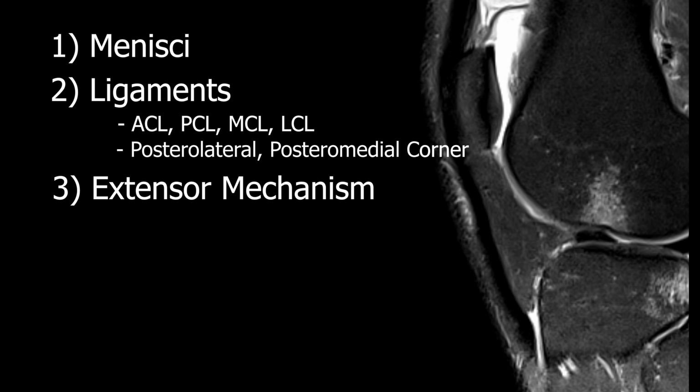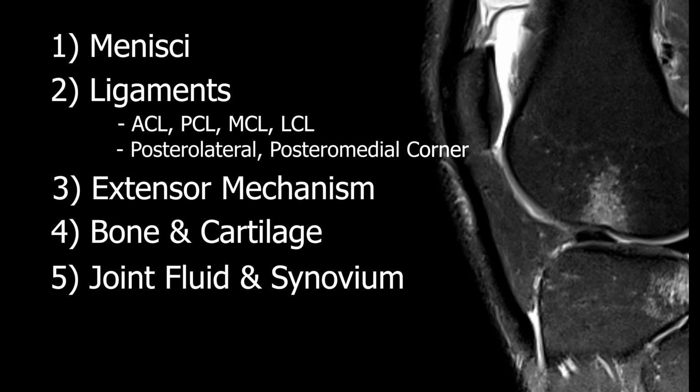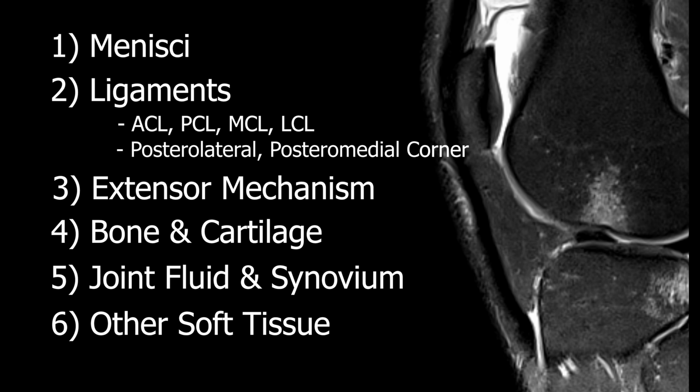I'll then look at the extensor mechanism. I'll look at bone and cartilage, joint fluid and synovium, and finally, the rest of the soft tissue structures, including the popliteal fossa, the fat pads and bursae, thinking about the neurovascular structures and the muscles. So let's go through each of these in order.